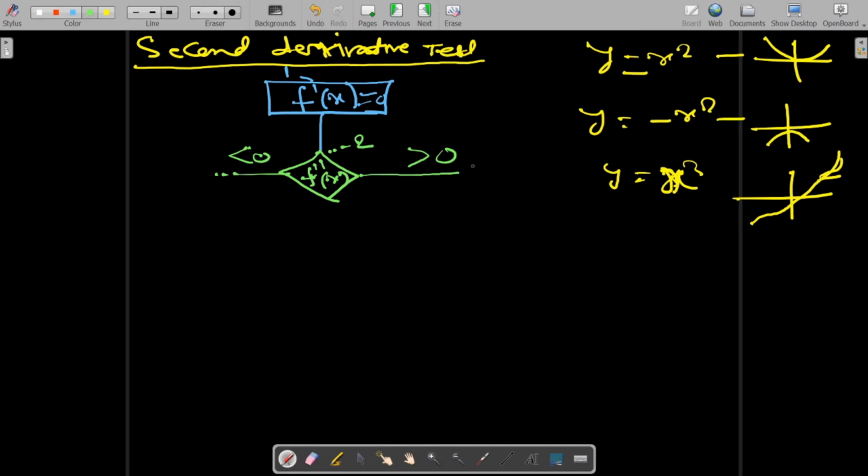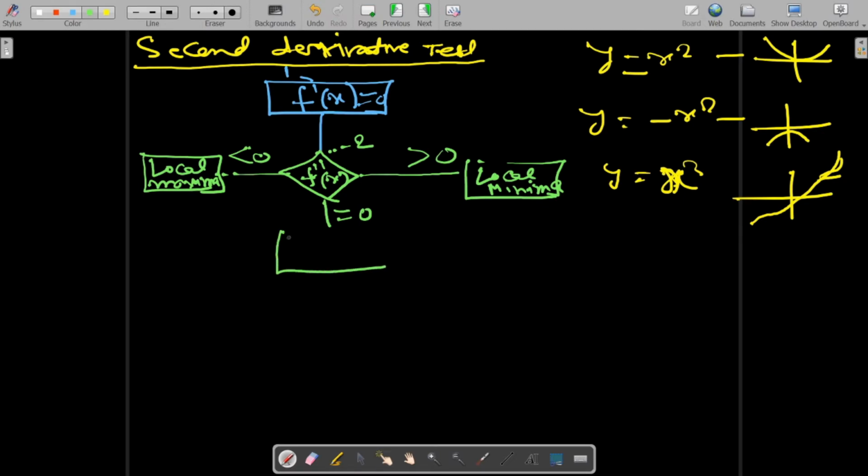If it is greater than 0, that means it is a local minima, and if it is less than 0, that means it is a local maxima.